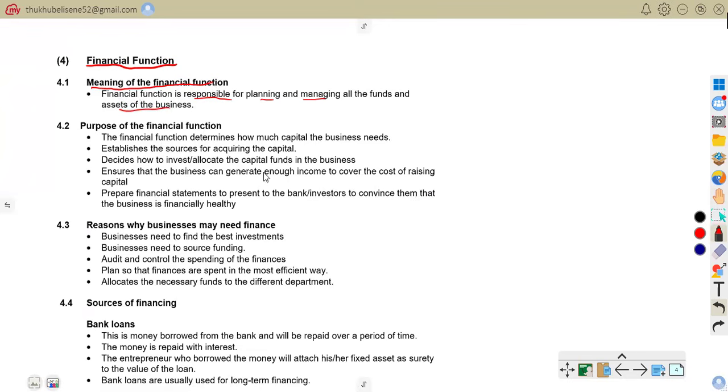It ensures money and property are used correctly, for example, planning how to use business savings.